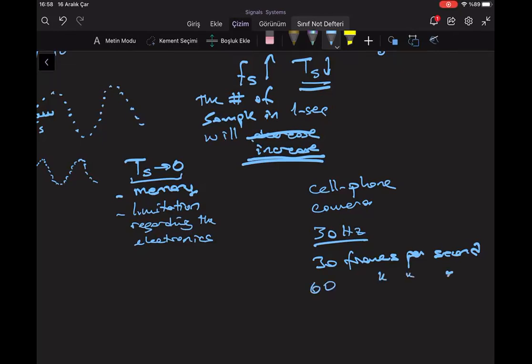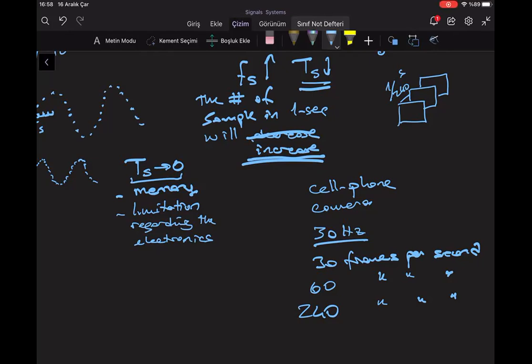Or with some slow motion stuff, it goes up to 240 frames per second. That means it takes a picture every 1/240 seconds.